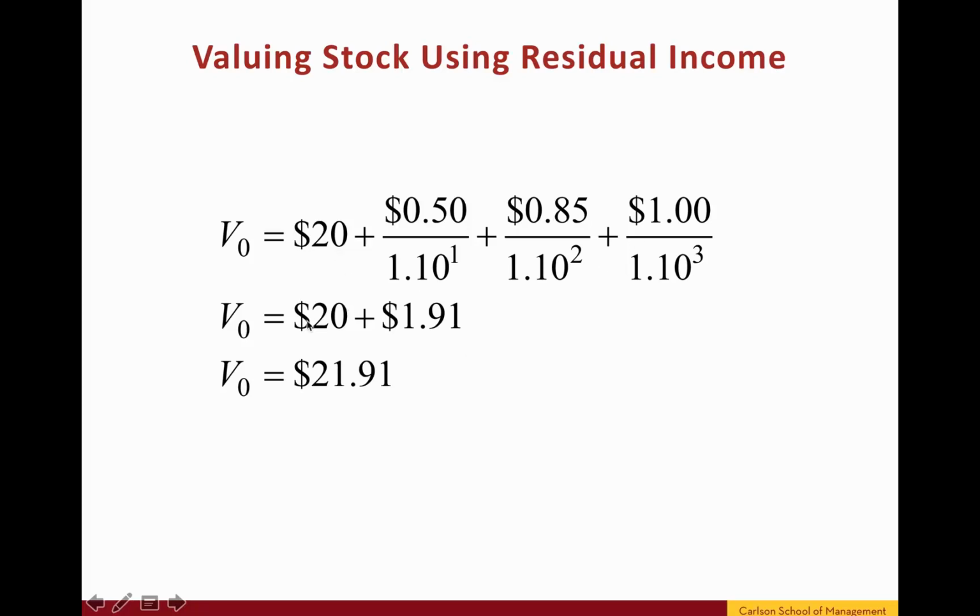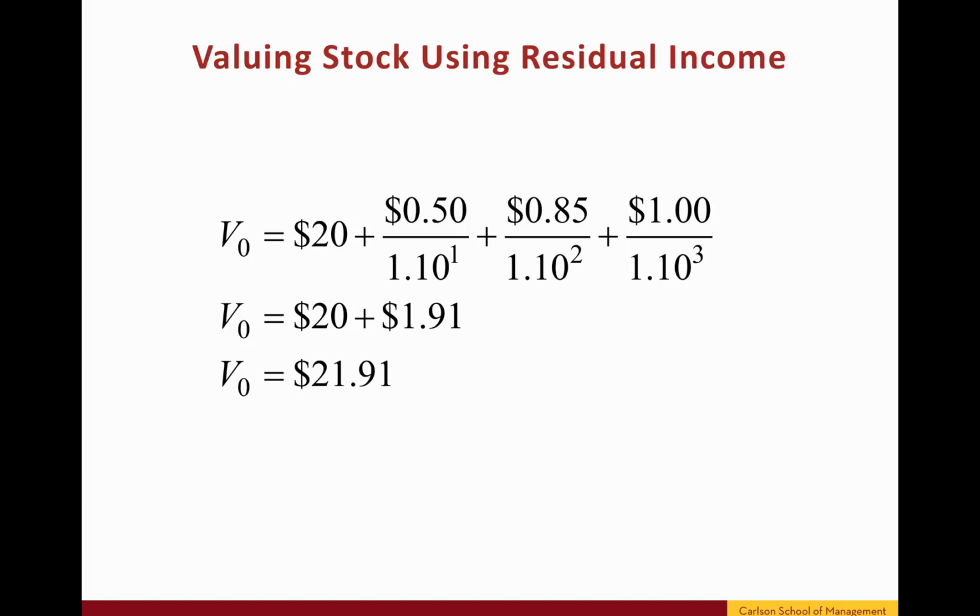Under the residual income method, we also want to add in the value of our beginning book value for our assets, or our net assets on our balance sheet. Net assets being our assets less our liabilities, and that just gets us down to what our equity value is on our balance sheet.